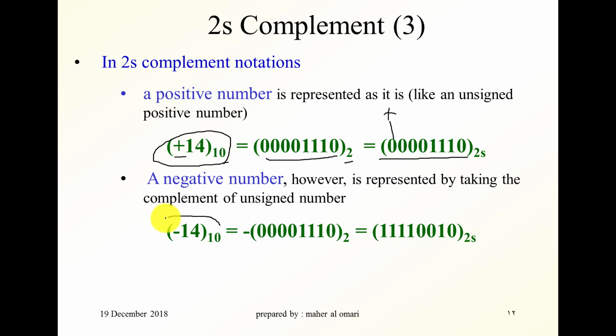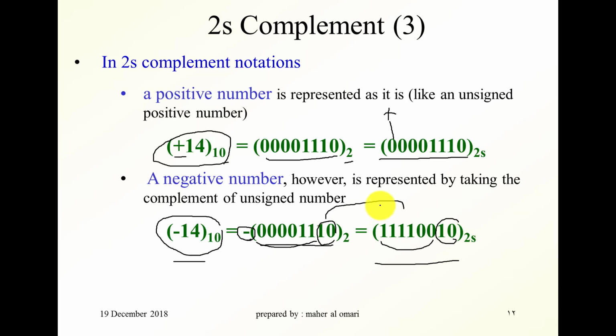However, the negative numbers, this is a negative binary. So this is put in the 2's complement notation. So we have the 0, 1 here, and the rest are inverted. The rest are inverted. So this is the negative 14.